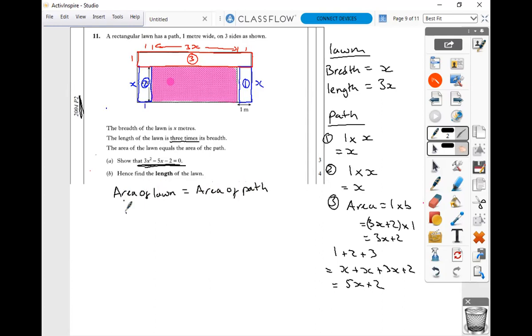Area of the lawn is length times breadth, so it's x times 3x. Area of the path is what we found down here, so 5x plus 2. So that's 3x squared equals 5x plus 2. And then we take it all over to the left-hand side, which gives us 3x squared minus 5x minus 2 equals 0.